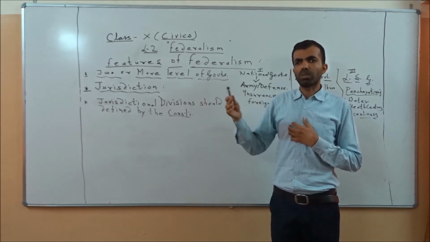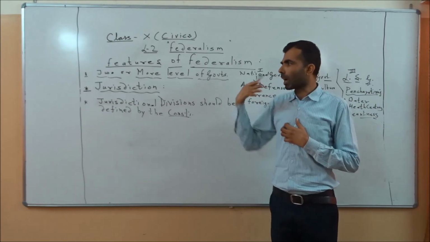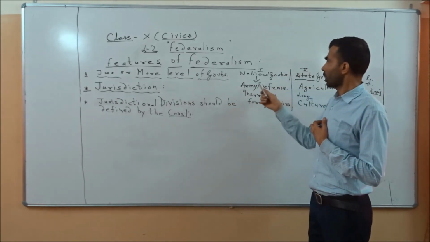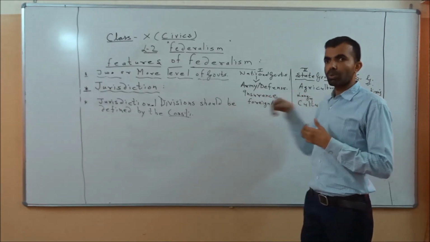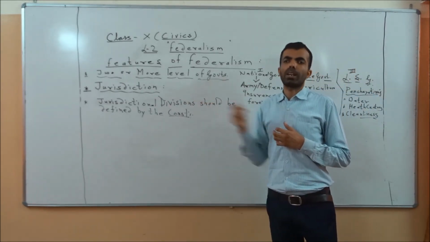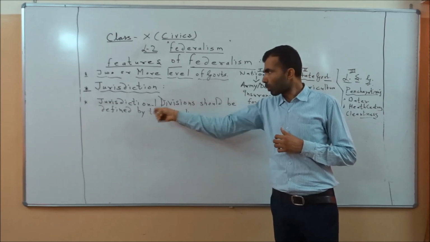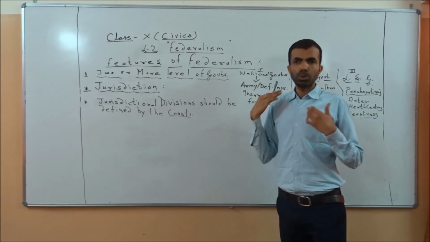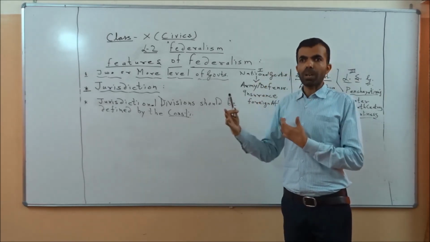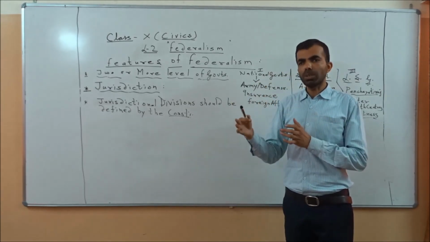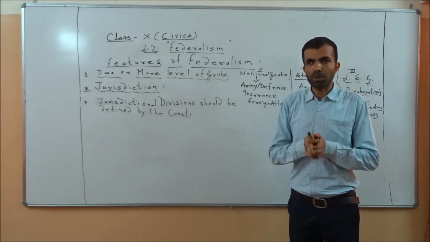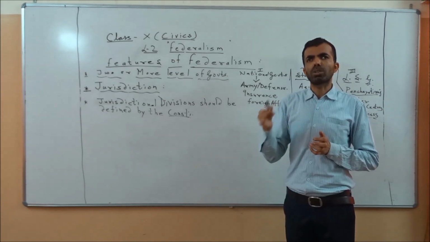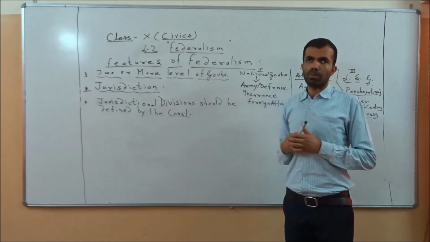Okay, so that creation of three lists would be helping these three respective governments not to indulge ever in conflict. Is it? So third feature of federalism is that jurisdictional bifurcation or jurisdictional divisions should be mentioned in the Constitution itself in such a way that chaos or conflict does not arise in later times.